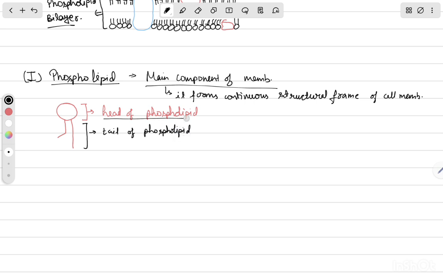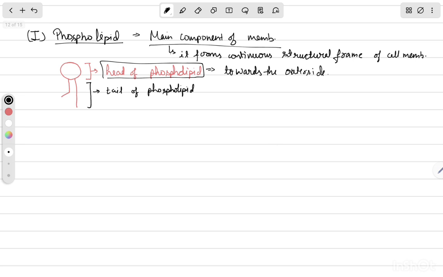Now if we compare the head of phospholipid, it is towards the outer side. Now why do we consider it is towards the outer side always in the lipid bilayer? Suppose this is the lipid bilayer, the head is always toward the outer side and the tail is always toward the inner side.